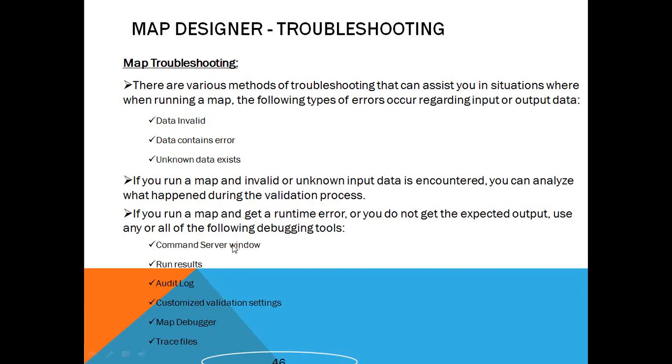One is the command server. What does that mean? Generally in your production server or UAT server, the map will get executed automatically. I mean, you will set the event so that whenever the file is received, it creates the output. Instead of that, the other way is you can run the map explicitly using the Mercator command.